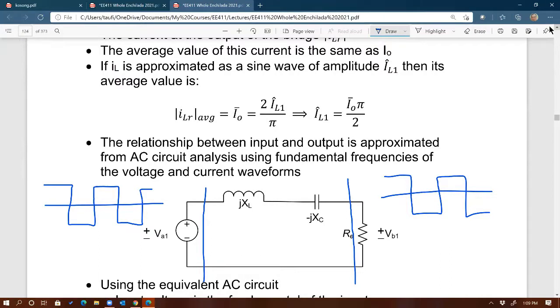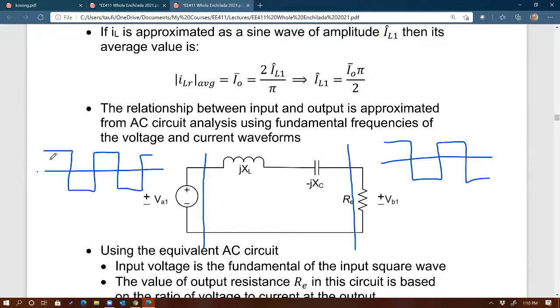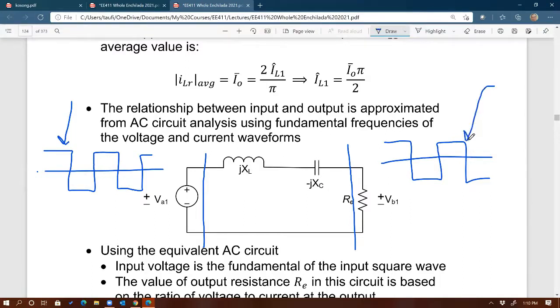So rather than doing that, we can do estimation. How do we do estimation? By using a sinusoidal approach. In order to approximate the output voltage, I'm going to look at only the fundamental component of the square wave, and the fundamental component of the square wave at the output as well.